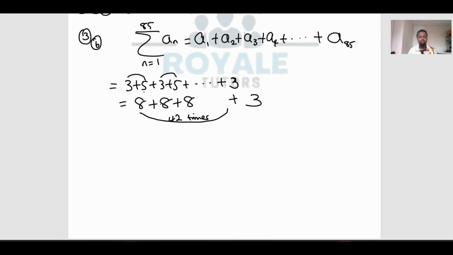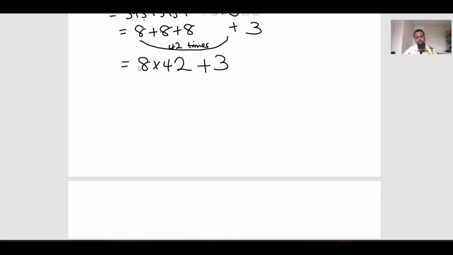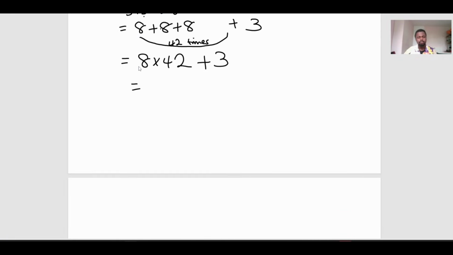So that means if I pair them up, I'm going to have 42 pairs with a remainder of 1. The remainder of 1 is going to be the 85th term, which is 3. So if I had 8, 42 times, it means I'm doing 8 times 42, then I'm adding 3 to it. So 8 times 42, that's 336, plus 3. So that means my addition now, the sum of an from n equal to 1 to 85, is going to be 339.